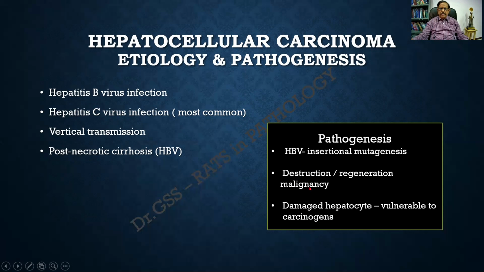This can result in malignancy. And the last hypothesis is a damaged hepatocyte is itself vulnerable to carcinogens. So three things: insertional mutagenesis, regeneration leading to malignancy, and damaged hepatocyte being vulnerable to carcinogens.